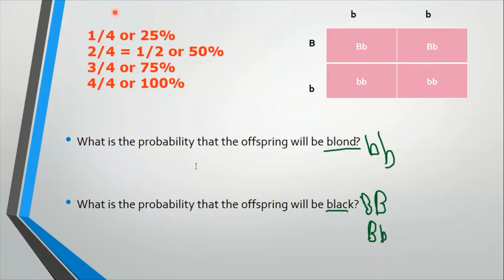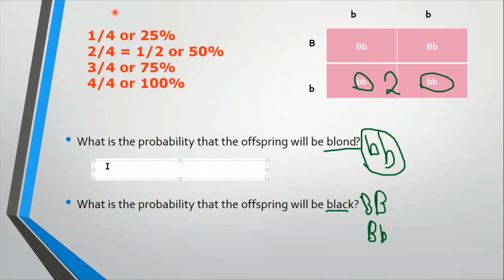Okay, let's complete our question. Here we must have B small and B small. So here we have a B small, and another B small, B small. Okay, so we have 2 boxes. So 2 out of 4. So the answer will be 2 out of 4.